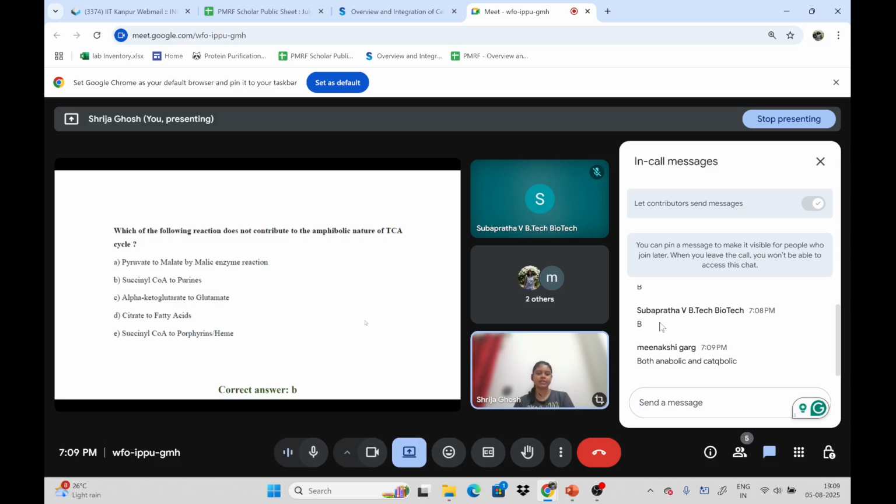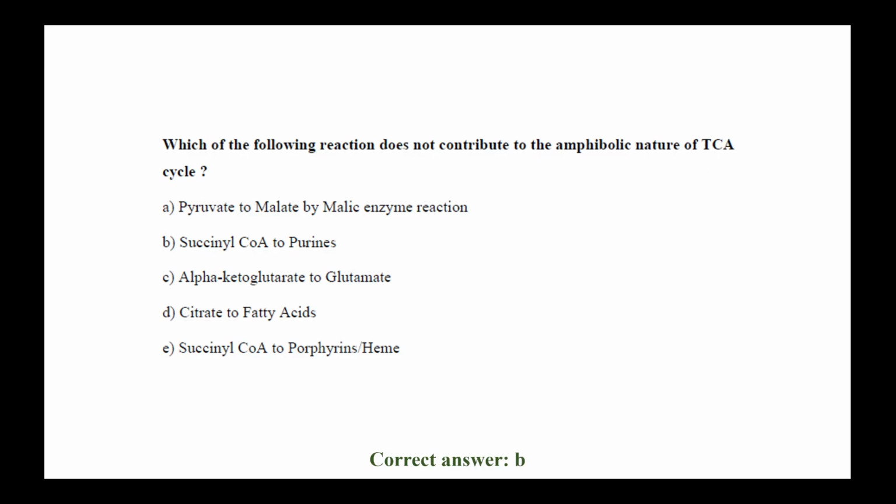Yes, that is exactly correct. So basically, the TCA cycle has both anabolic and catabolic nature. Catabolic means breakdown, in very simple words, and anabolic means synthesis. So TCA is obviously involved in breakdown.